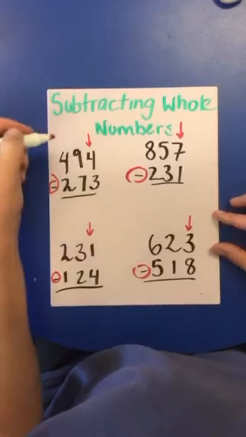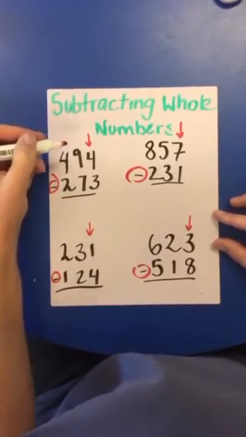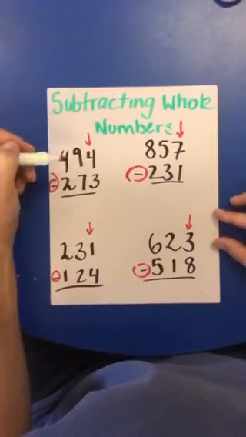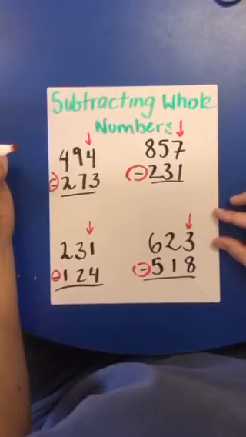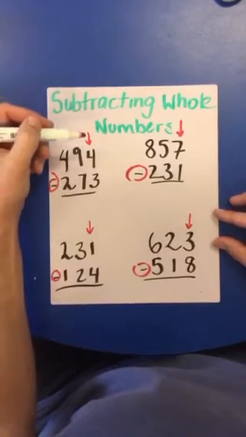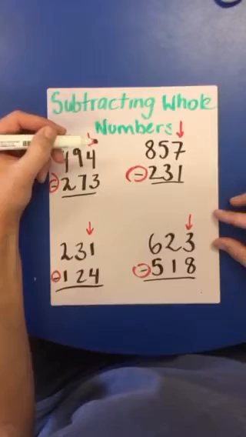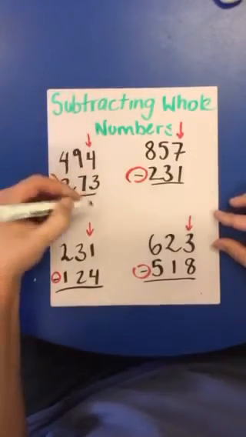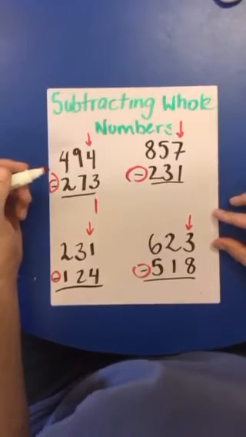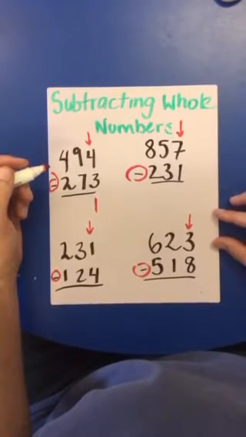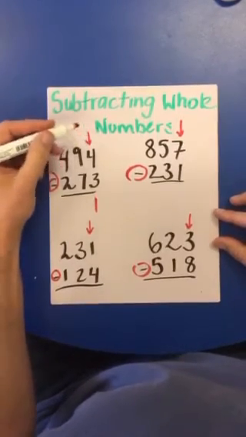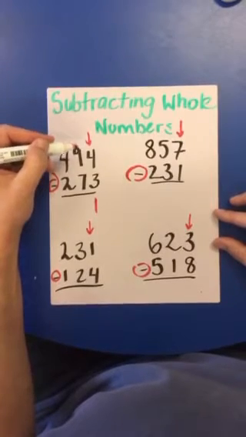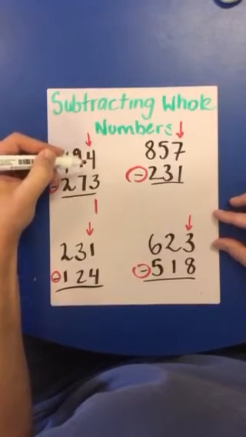All right, question number 1. 494 subtract 273. So again, top right hand corner, I start with 4 and I take 3 away. 4 subtract 3 equals 1. Move over to the tens column. 90, because that's a 9 in the tens column.